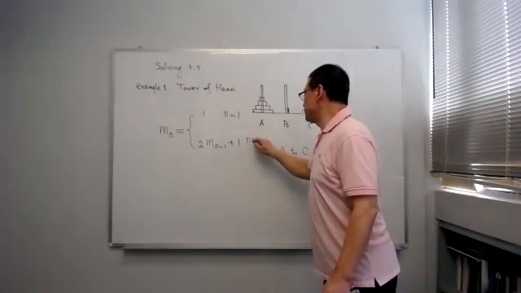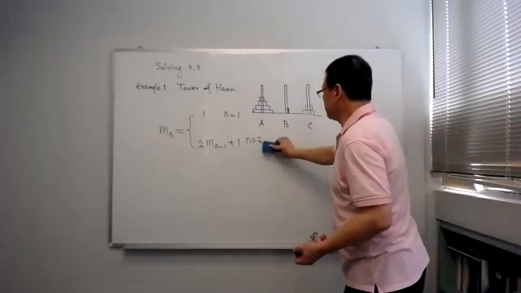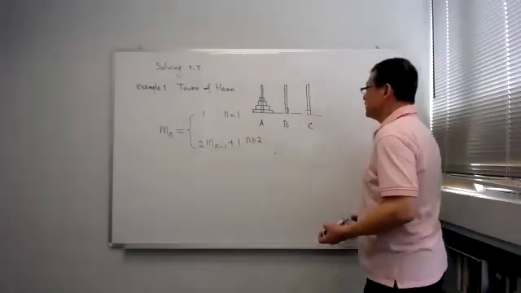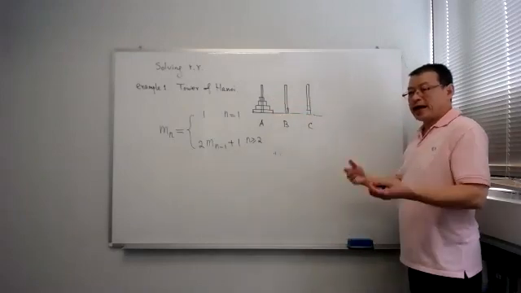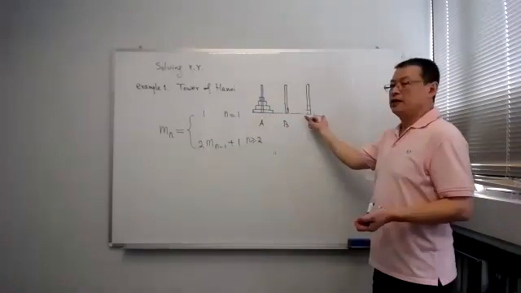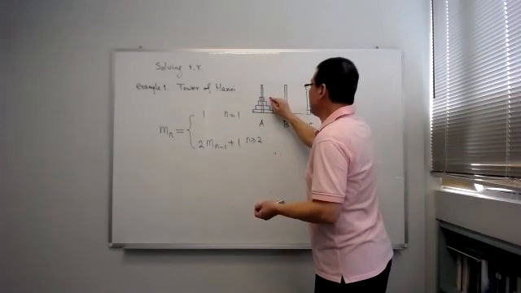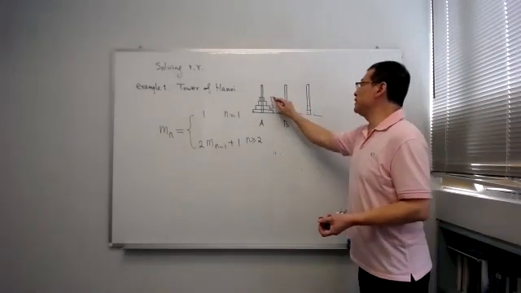It has this recurrence relation. Let me explain why. In order to move n disks from A to C, eventually the largest disk should be moved from A to C. In order to move this disk from A to C, the n minus 1 disks need to be moved from A to B.